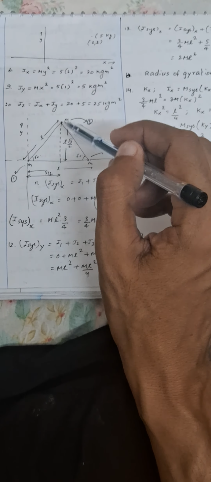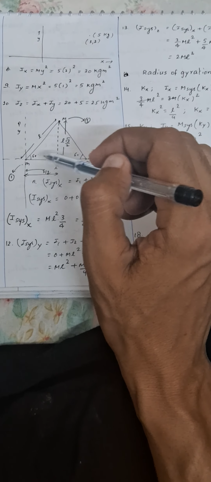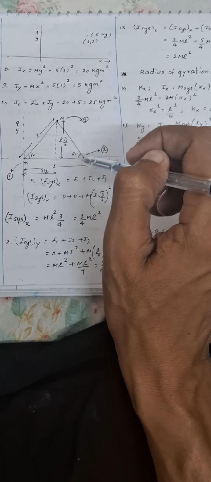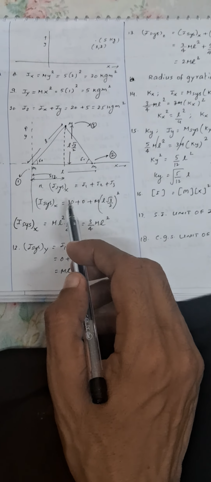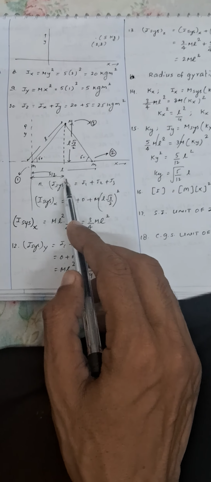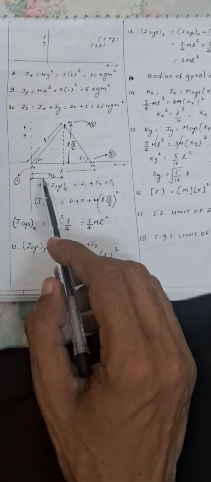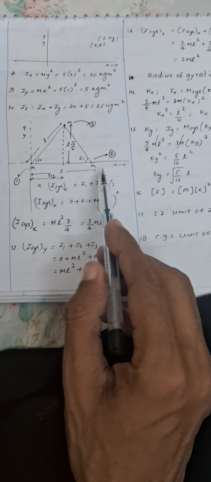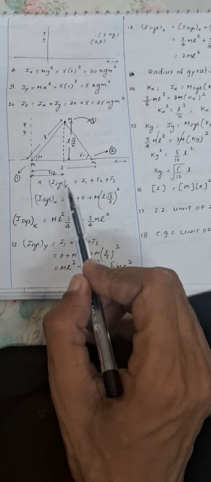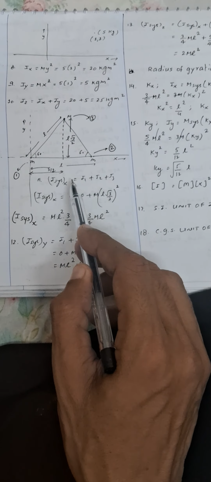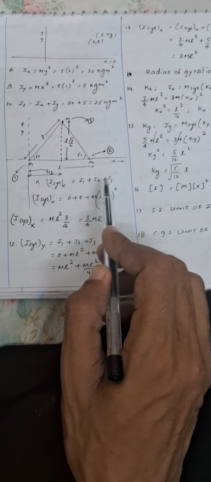Next, there is a question on an equilateral triangle. Three point masses are placed at the vertices of the equilateral triangle, and we need to find the moment of inertia of the system about the x-axis. I assume this mass is 1, this is 2 and this is 3. The moment of inertia of the system is I1 plus I2 plus I3.